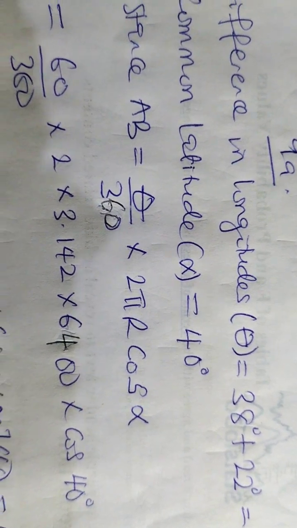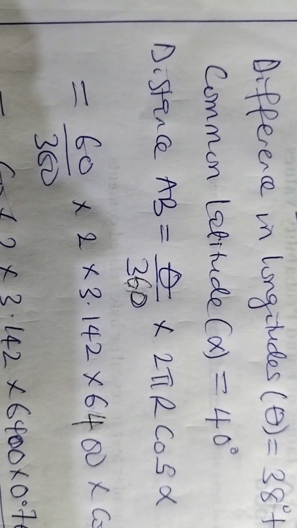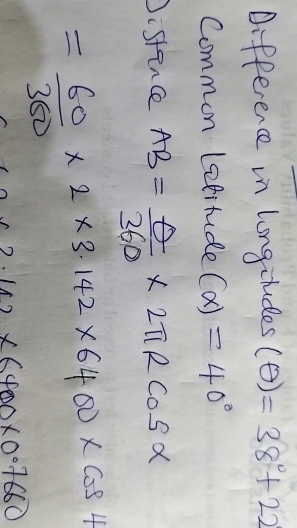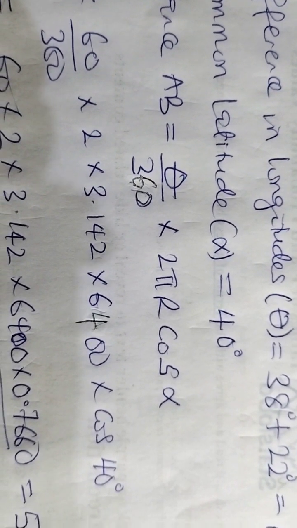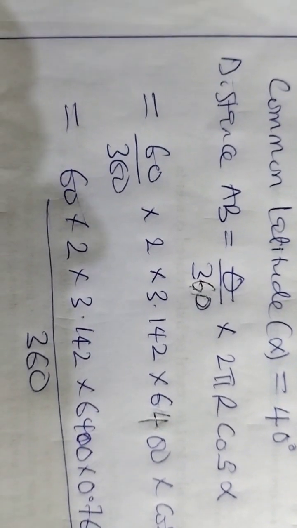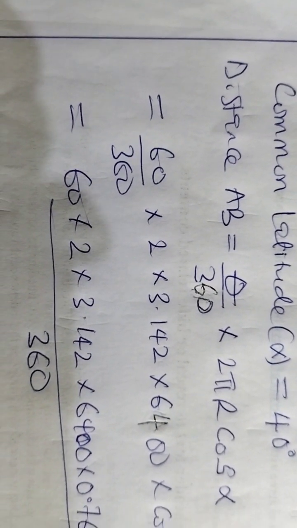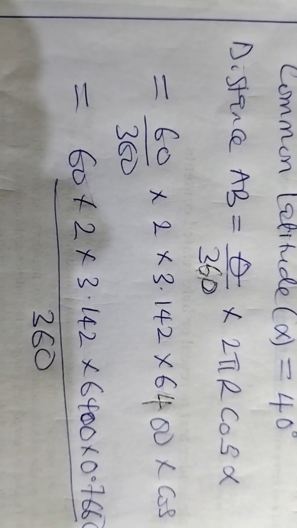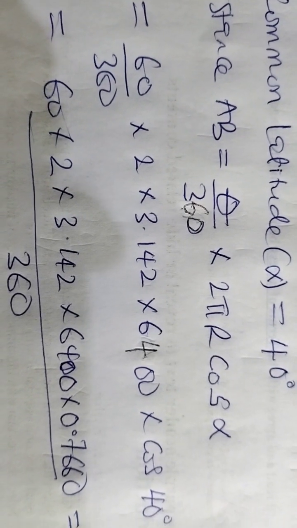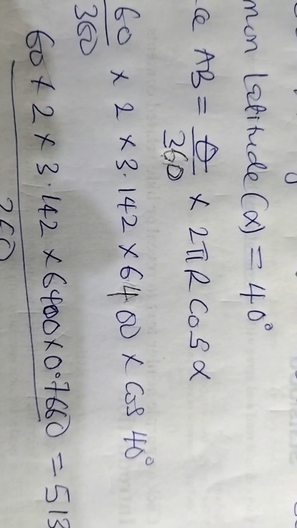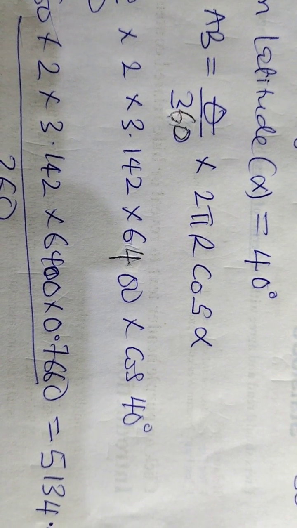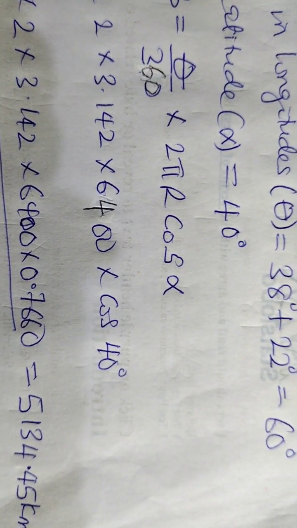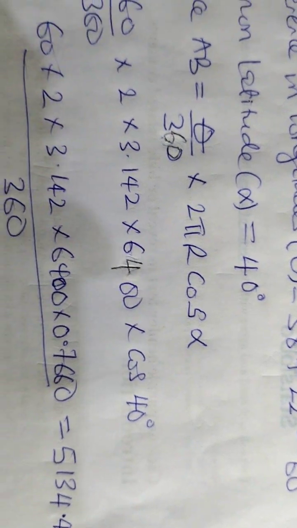So distance AB along the parallel of latitude is given by theta over 360 times 2 pi r cos alpha. So substitution takes place. We now have 60 over 360 times 2 times 3.142 times 6,400, which is the radius of the earth, then times cos of latitude, that is cos 40.